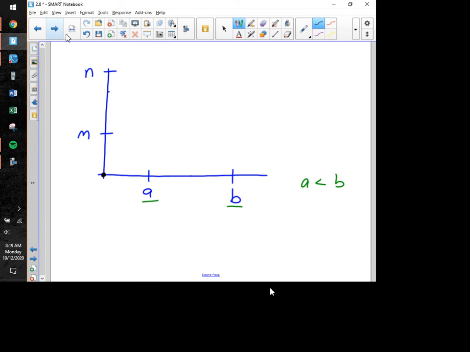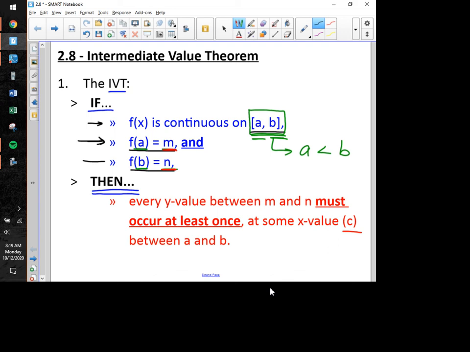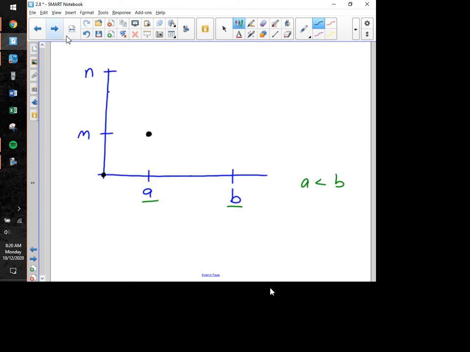And for f of a to equal m, there's got to be a point right there, and that's what I'm going to consider the starting point of my graph. f of a is equal to m. The third condition, this one right here, said that f of b has to equal n. So I move over to b on my x-axis, up to n on my y-axis, and now what we've got right there is what I'm going to call the ending point of this particular function.